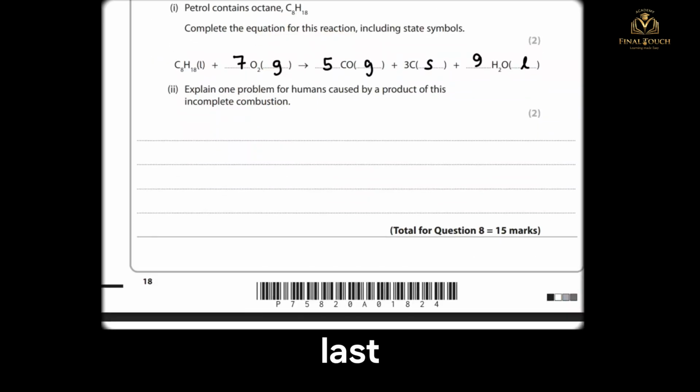So the last part of this question tells us explain one problem for humans caused by a product of this incomplete combustion. So carbon monoxide is produced, obviously.